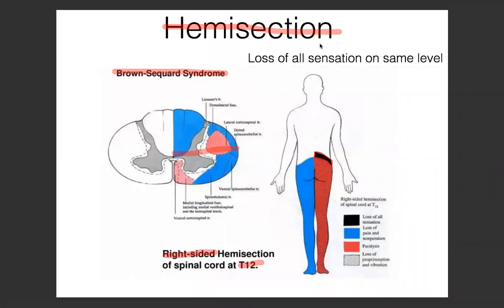Because all of the nerves going into the spinal cord get cut. Okay? Meaning any nerve that was entering the spinal cord is gonna get cut. So there is no such thing as it crossing over or any of that stuff. It just never enters the spinal cord in the first place. So any sensation, touch, pain, temperature, vibration, anything at the level of T12 is gonna be lost on the same side.